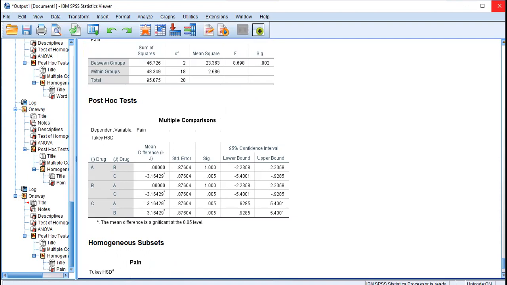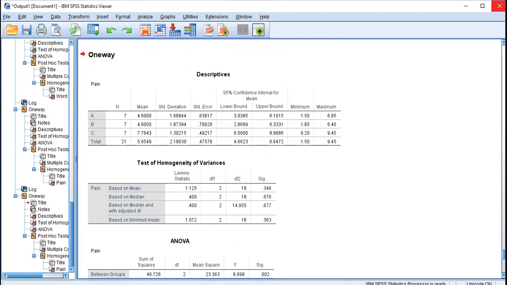Pain level for drug A (M = 4.6, SD = 1.68) and drug B (M = 4.6, SD = 1.78) is significantly lower as compared to drug C (M = 7.76, SD = 1.3).